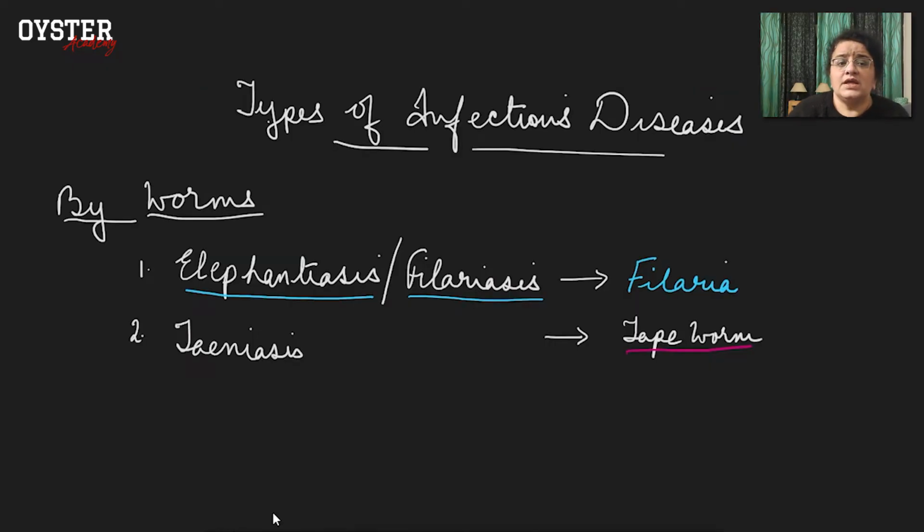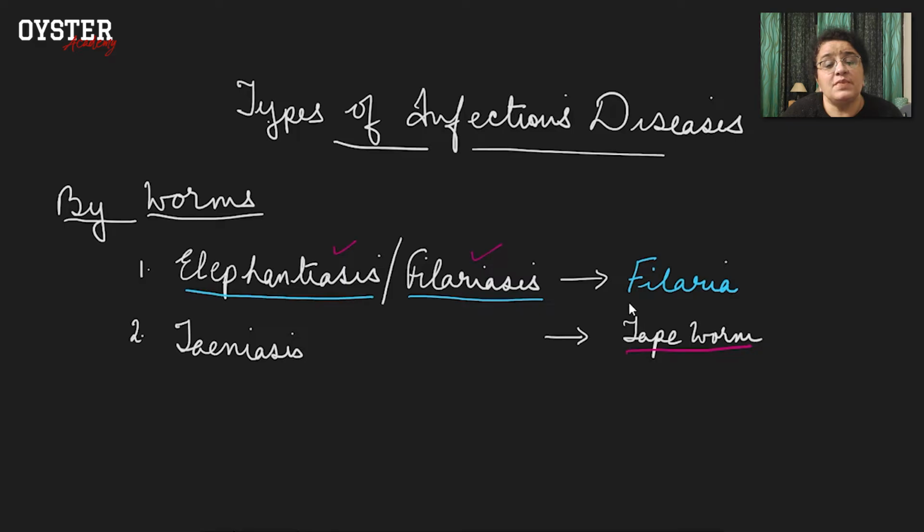Now see, the larvae, the small eggs of these worms, are present in the food, or in the feces of human beings, that is excreta, and this is how they are transmitted. Among these diseases we will mention only two. First is elephantiasis, also known as filariasis.